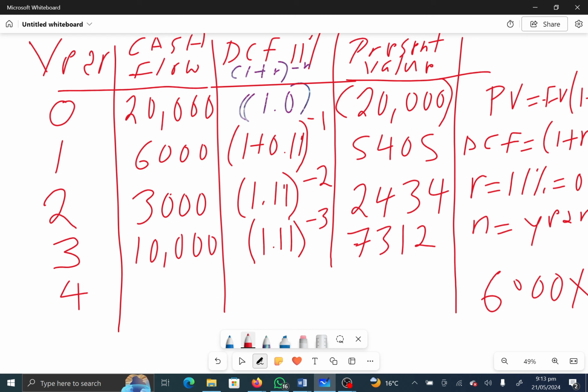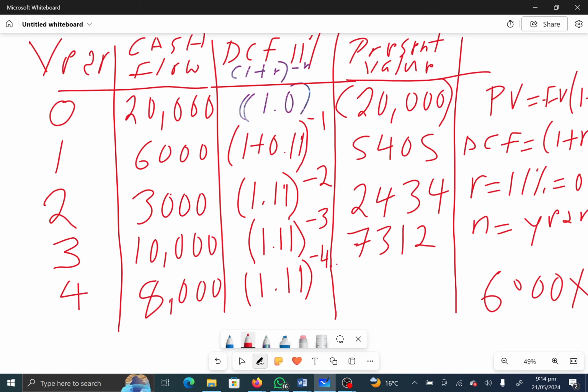So we go into cash flow for year 4. What is our cash flow, Mr. Douglas? What was our cash flow for year 4? 8,000. Okay, so we say 8,000. Then our discounted cash flow rate is this. Since it's year 4, we say to the power negative 4.